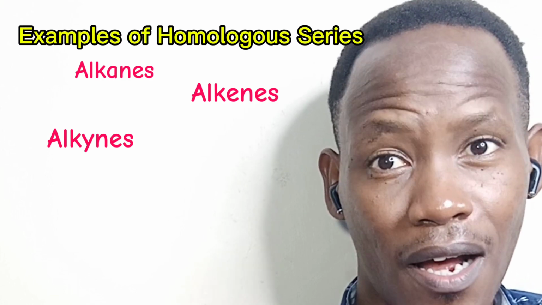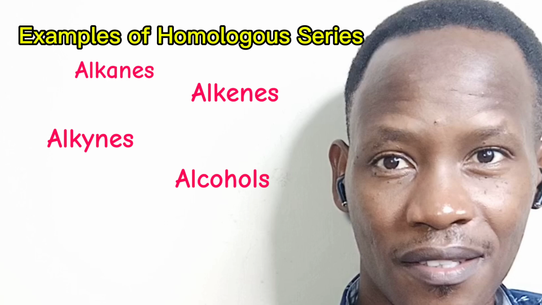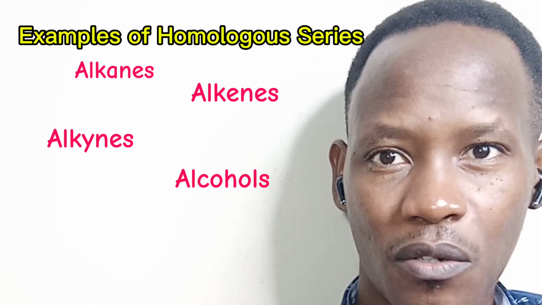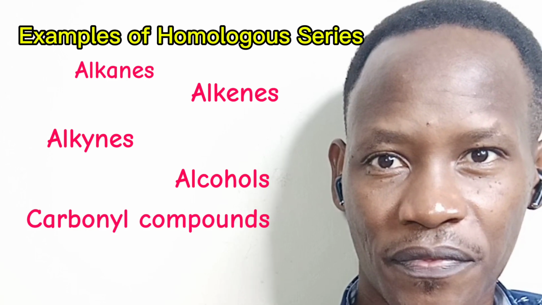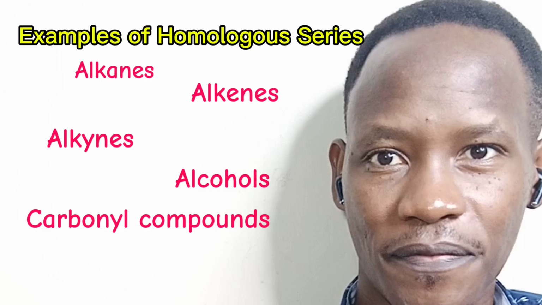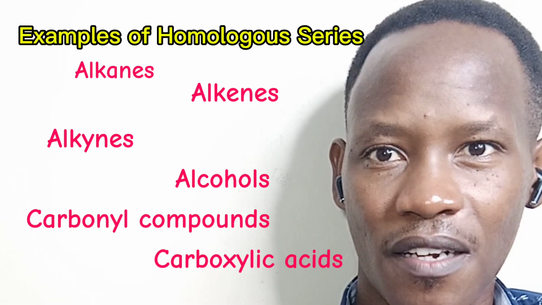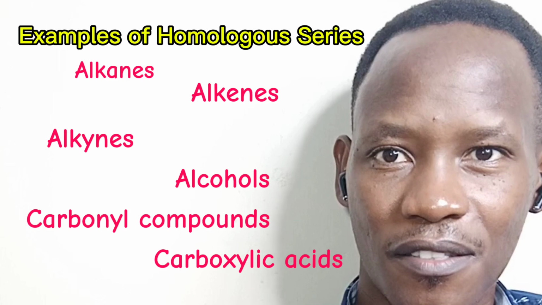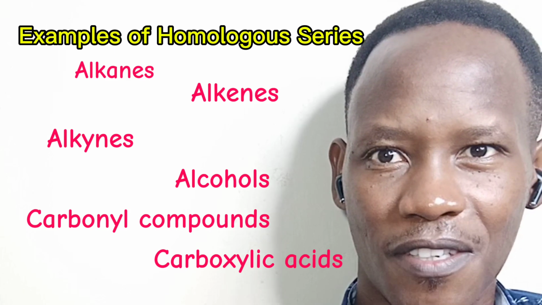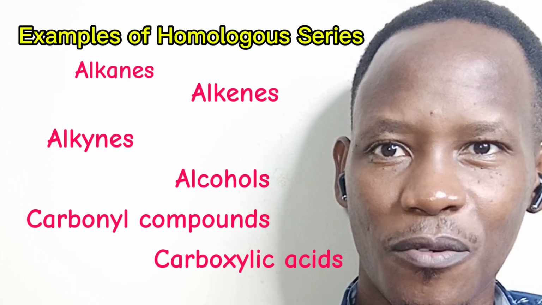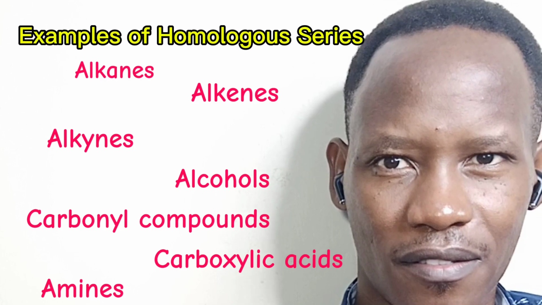Number four, alcohols. Number six, carbonyl compounds. Number seven, carboxylic acids. And for today, the last homologous series that we give as an example is a homologous series of amines.